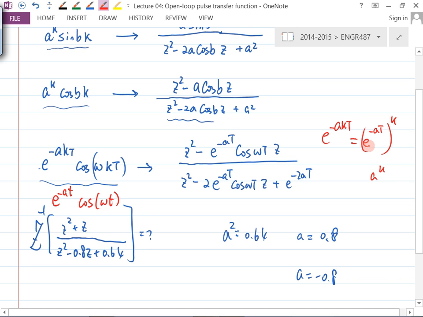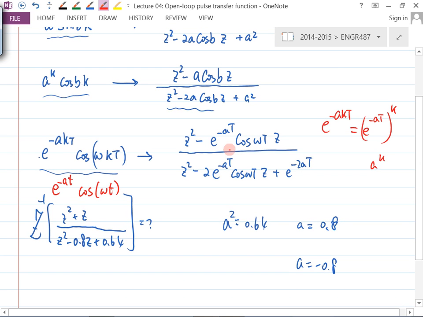So the value of e to the power of negative aT is always positive. So if you use this pair of transformations, you won't have the ambiguity of asking yourself, should I take a positive or negative here? In this particular case, it equals 0.64. Is that good?